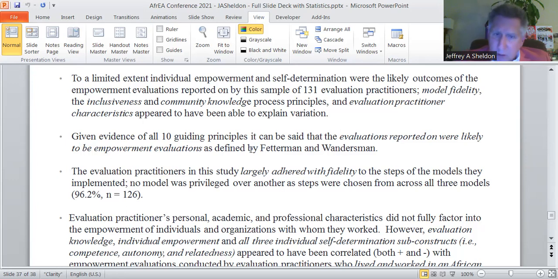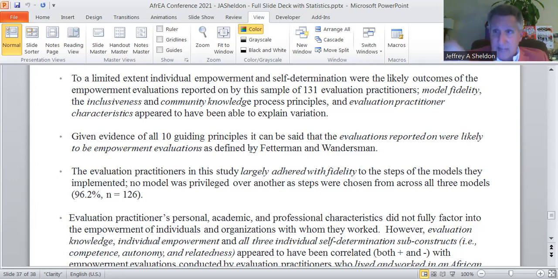Given evidence of all 10 guiding principles, as we know that the 10 principles are what distinguish empowerment evaluation from other kinds of ideological evaluation approaches.